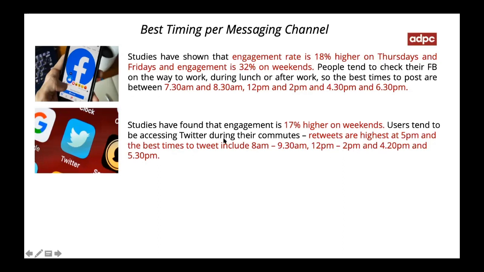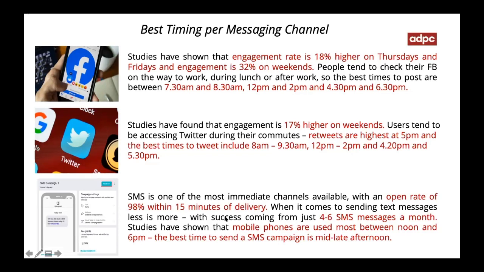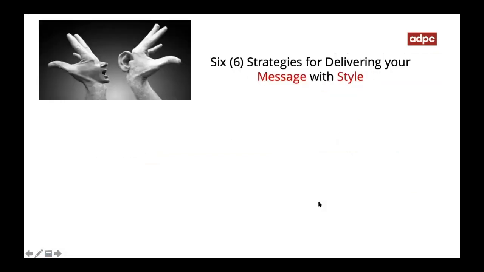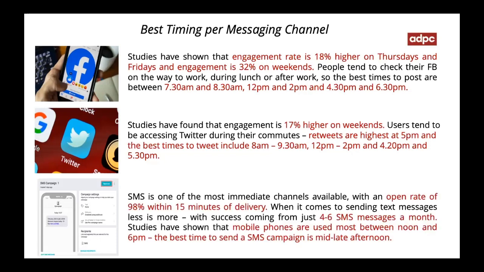But while Facebook is more popular than Twitter, the most popular form is the SMS. Short messaging is one of the most immediate channels available. It has an open rate of 98%. Very interesting: an open rate of 98% within 15 minutes of delivery.